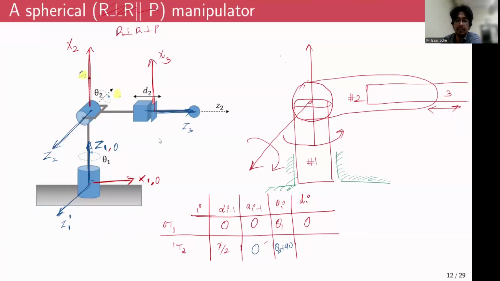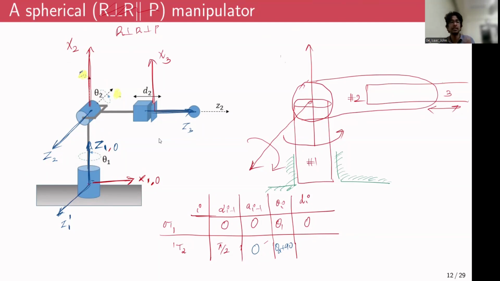But now you can see that we actually haven't been able to realize this orientation, right? With all the 4 parameters, we were still not able to match the initial Z1 and X1 coordinates with X2 and Z2. We were not able to match.